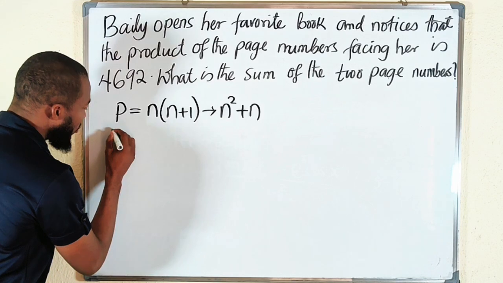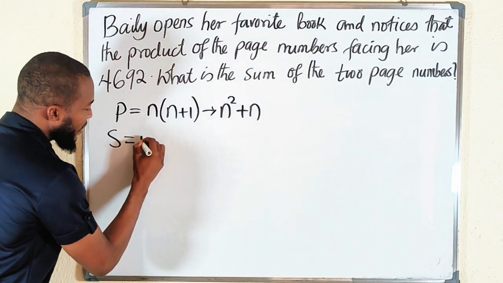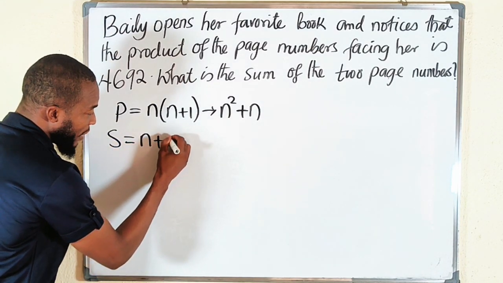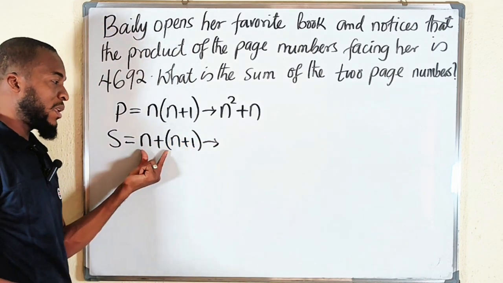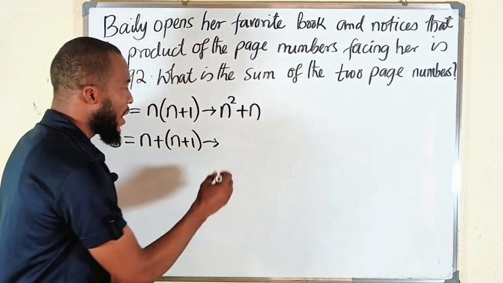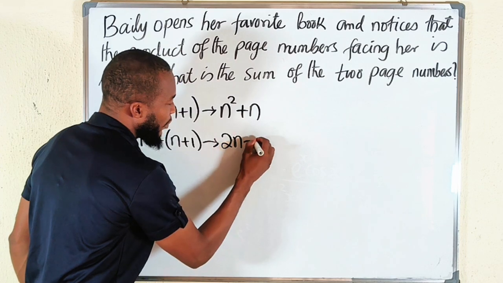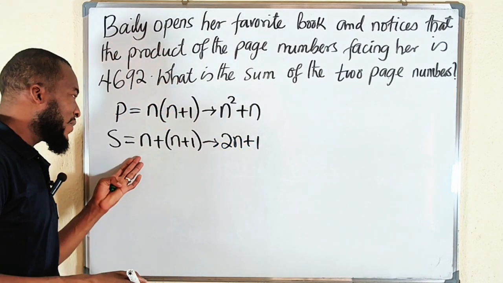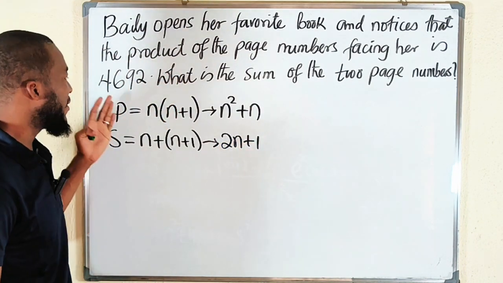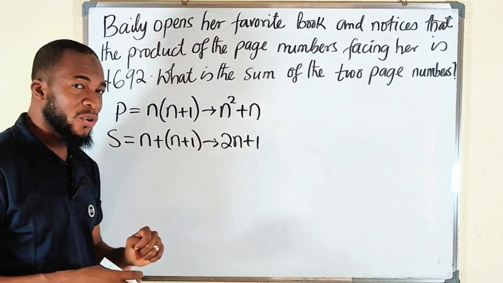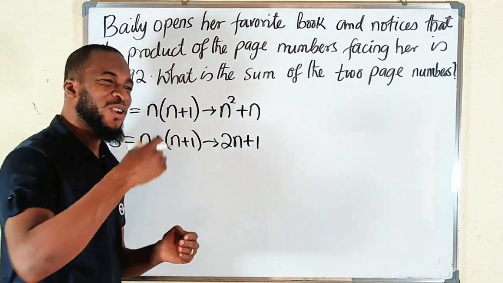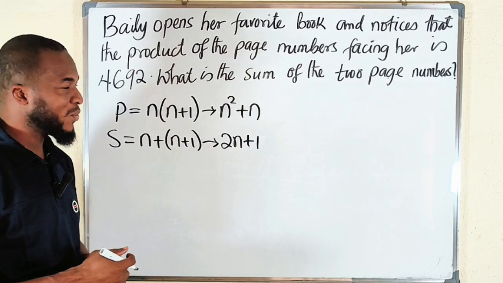Then we are talking about sum, which is the same thing as n, the first one, plus the second one, n plus 1. And if you add, you have 2n plus 1. This is the sum which we are looking for, and this is the product. So what is the relationship between the sum and the product? I don't want to go the extra mile of solving a quadratic equation.